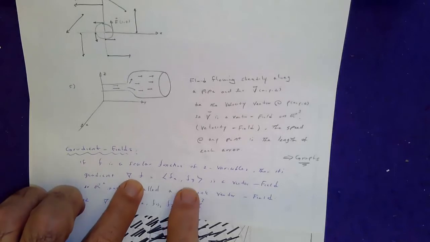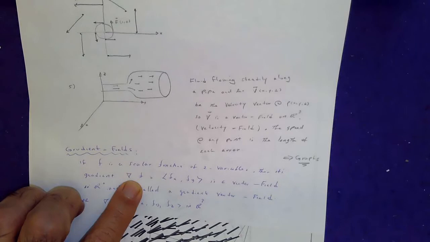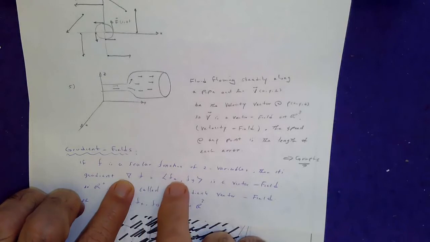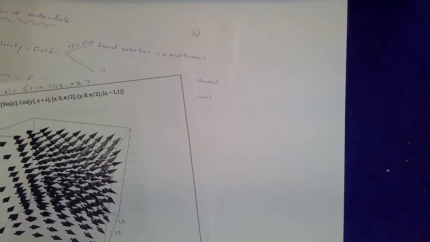Remember, this points to the fastest increase direction of f. And if you recall from previous chapters, it is perpendicular to any level curve at any point on the curves. So the picture of the gradient will look something like this.